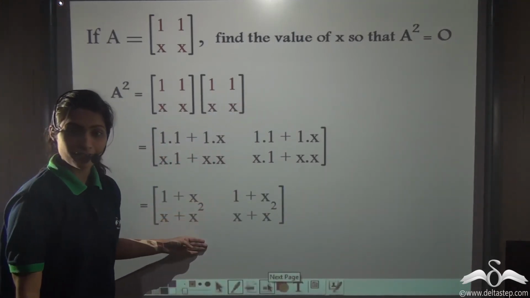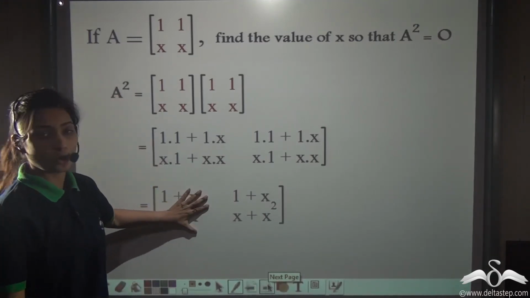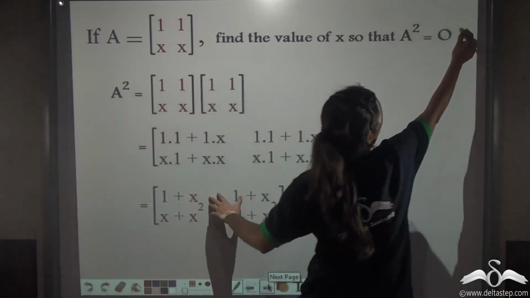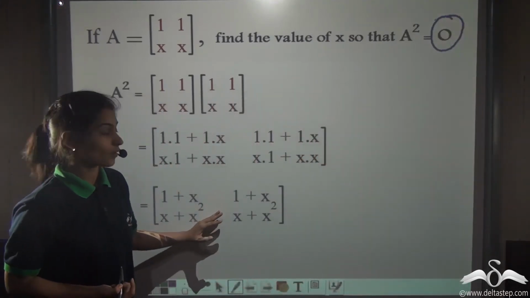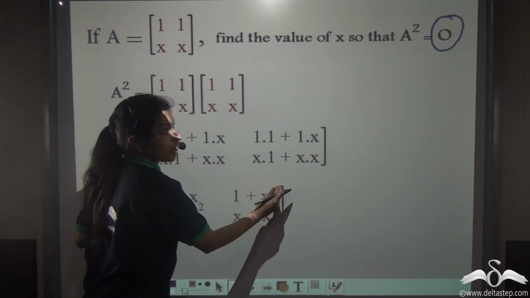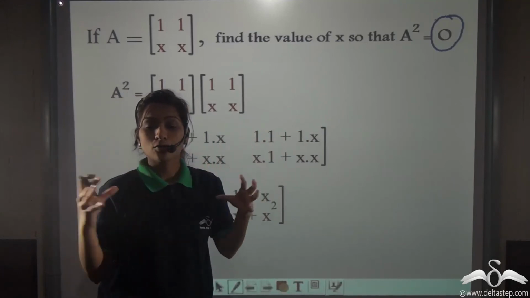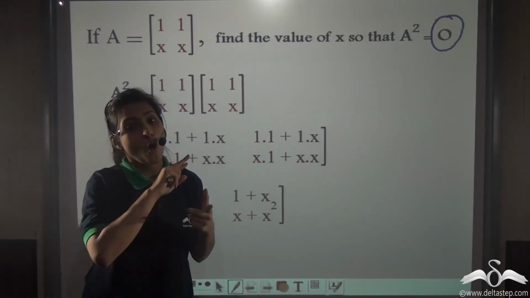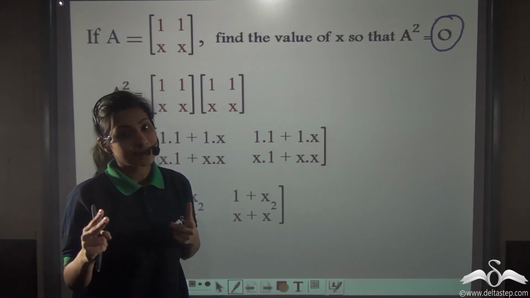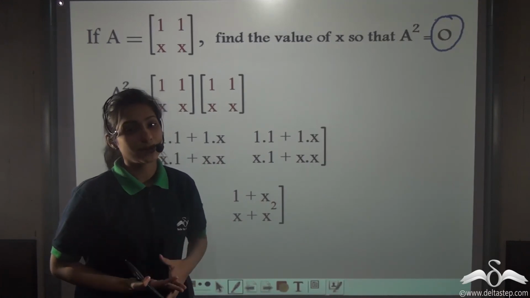Now can we solve it any further? No, we will stop it here. So for A square, we have found out this. Now what will be this zero matrix, of which order? If A square needs to be equal to that zero matrix, the order of both matrices needs to be the same. First of all, if both are equal matrices, all the elements need to be the same. The second thing, if all the elements are the same, the order naturally will be the same.